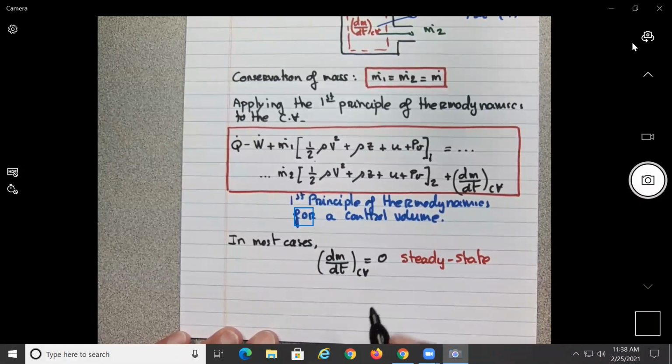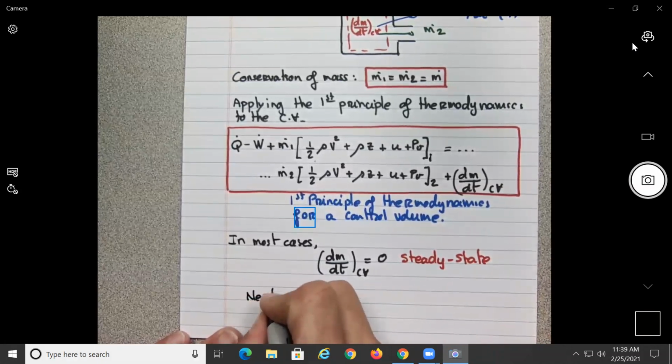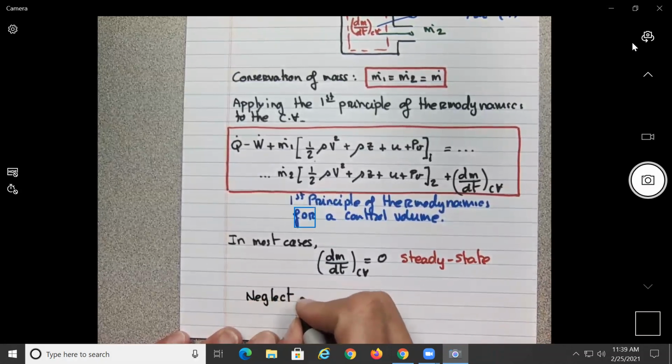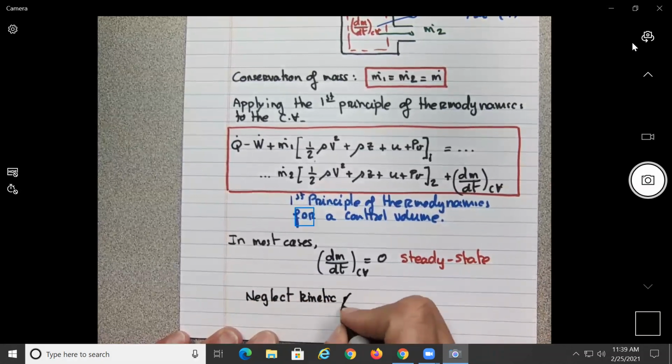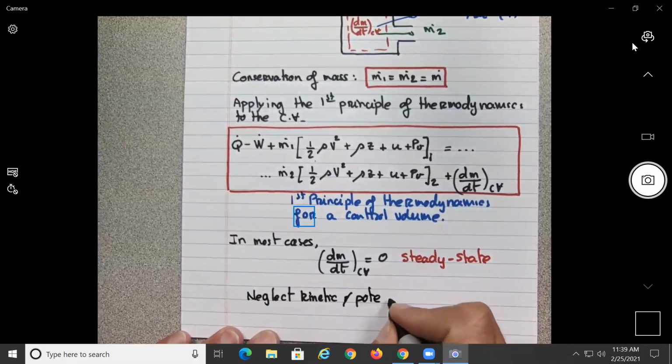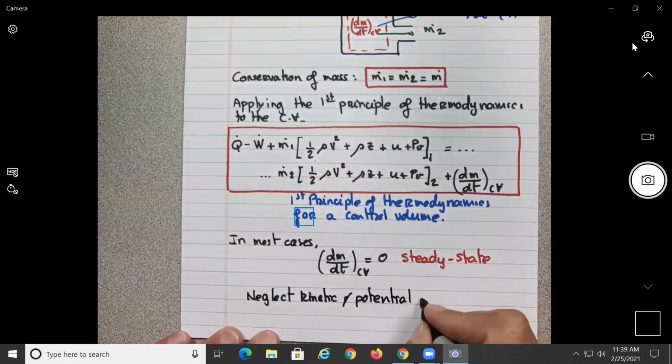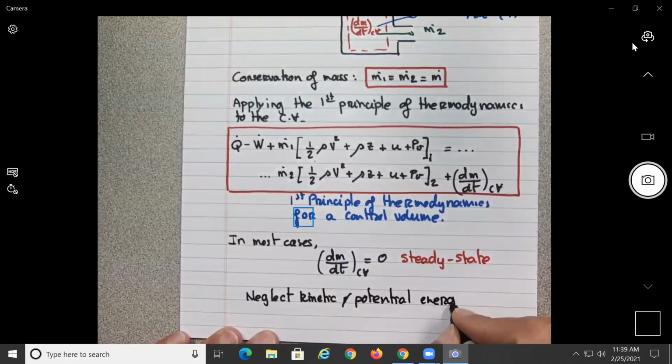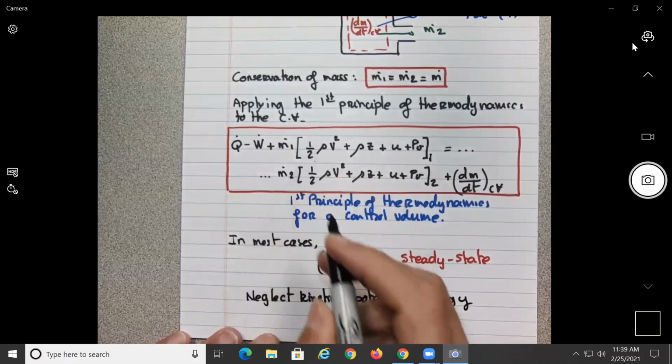The other one is that in most cases we will neglect kinetic and potential energy. So what does that mean?